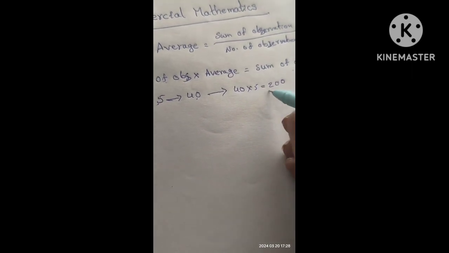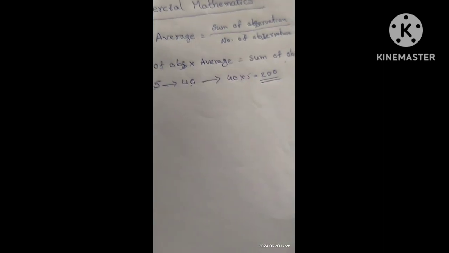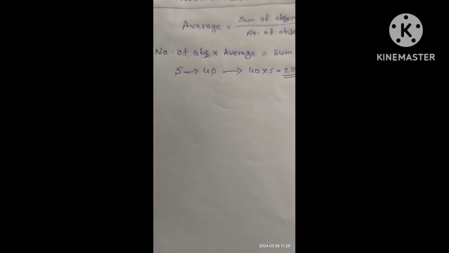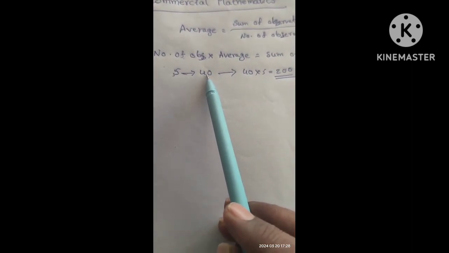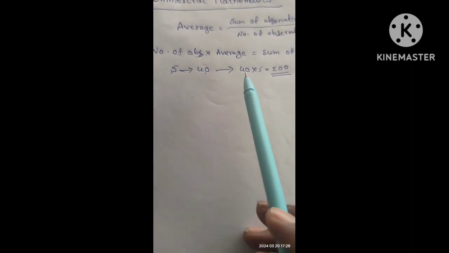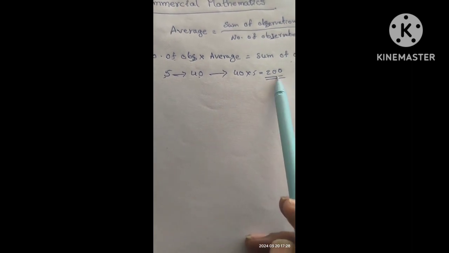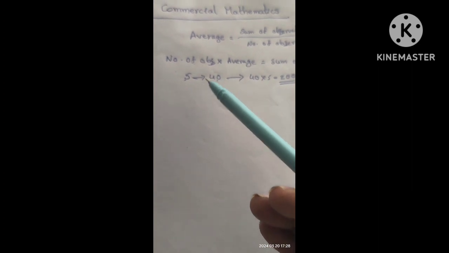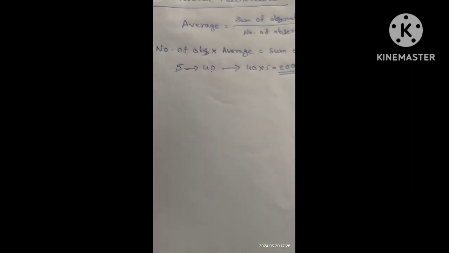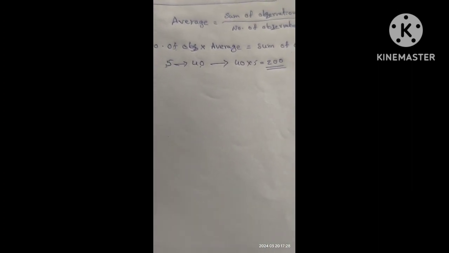Then the sum of the marks of the 5 students is 200. Here we don't know individual marks, but we know the average. So to find the total, we will use this formula. Mainly we will use this formula when the observations are not given. Okay. Now one by one we will discuss.